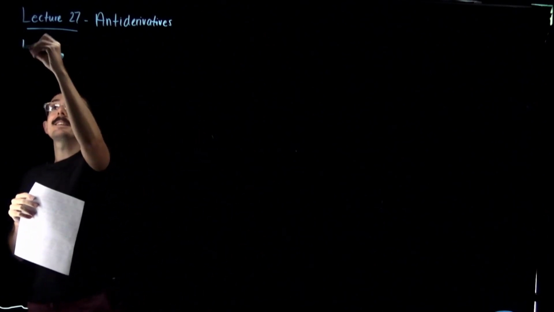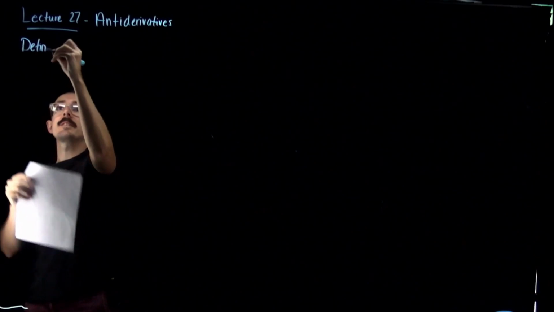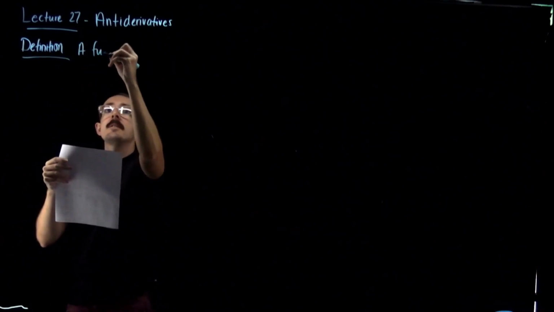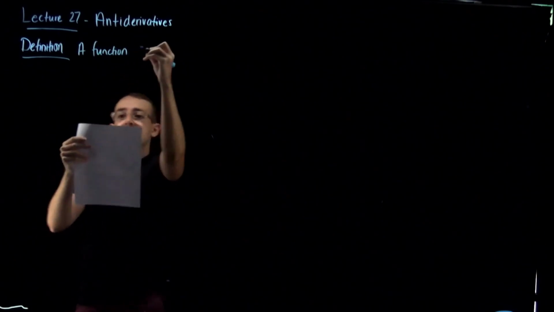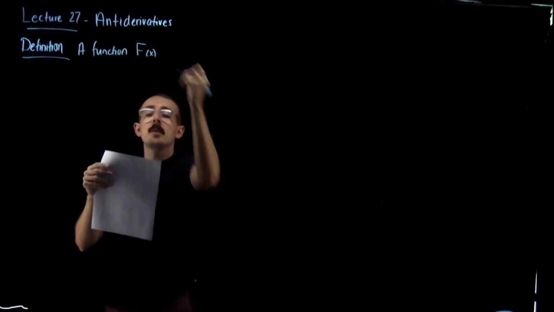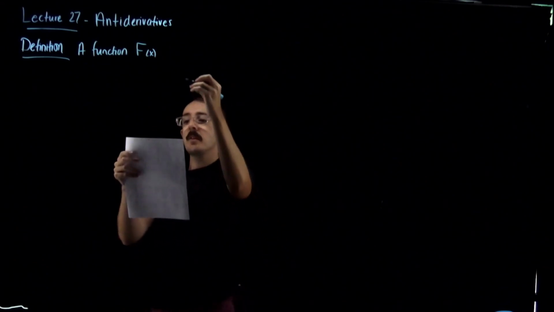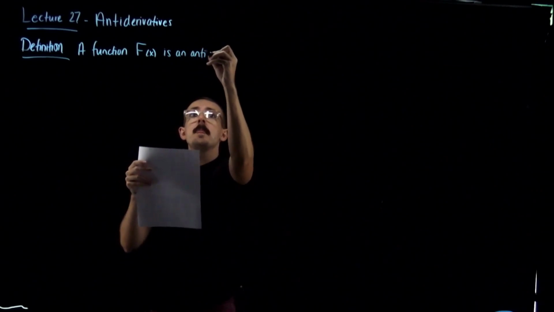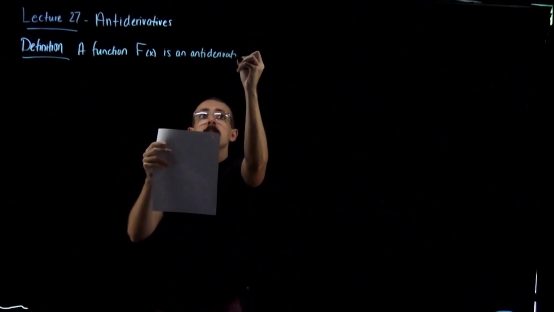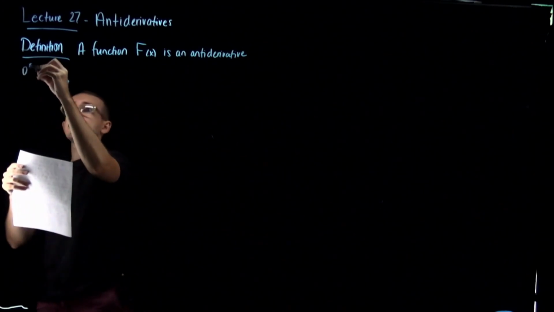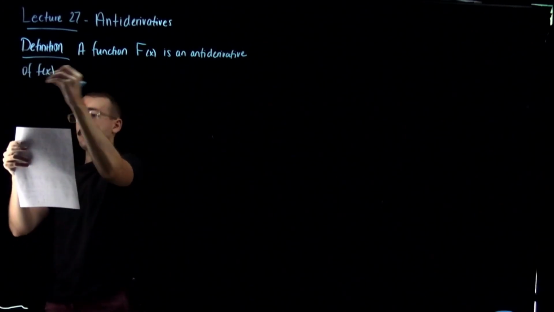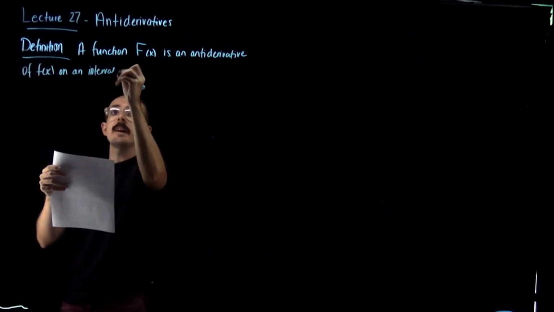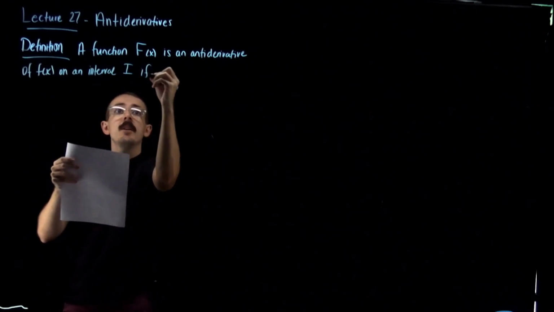So let's get a definition on the board here for what an antiderivative is. So here's our definition. We have a function, and we're going to call it capital F of x when I'm talking about the antiderivative. So a function, capital F of x, is an antiderivative of some function, f of x, on an interval I, if the following thing is true.